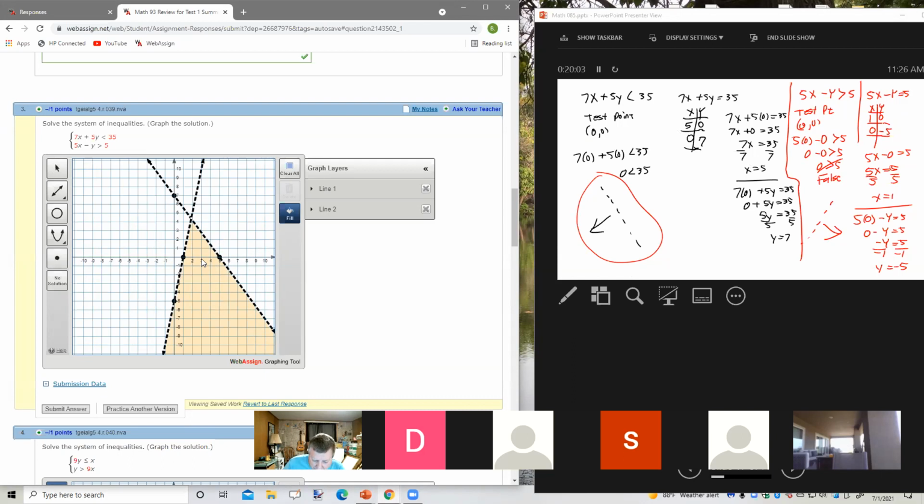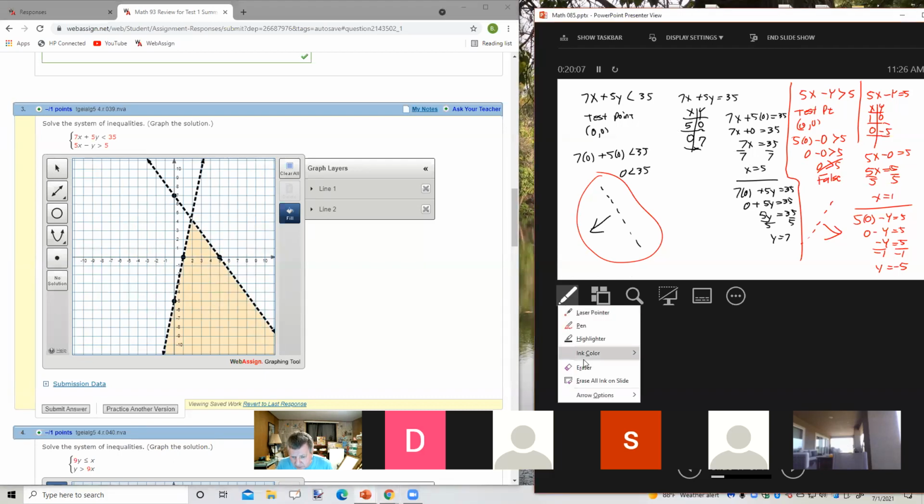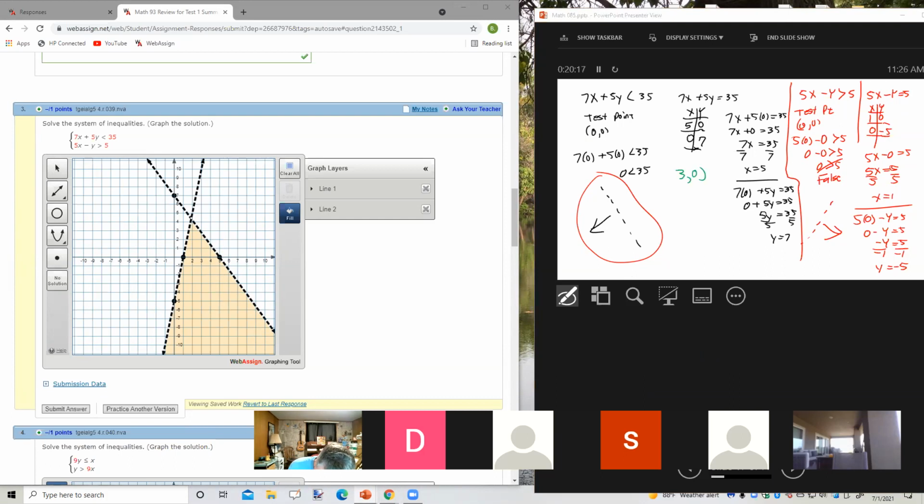In fact, let's go to an entirely different colored pin now. How about green. So we're going to take 3, 0, and we're going to plug it in there, and we're going to plug it in there. If that is the solution, it should work for both of those.